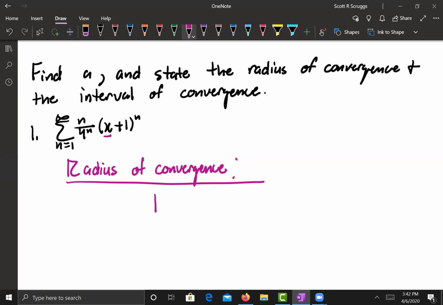And so a power series will converge if the distance between any input of x and its center is less than a constant number, positive r. And that positive r is the radius of convergence.